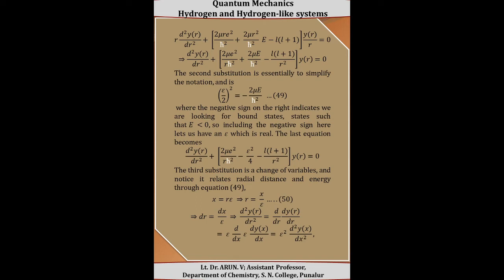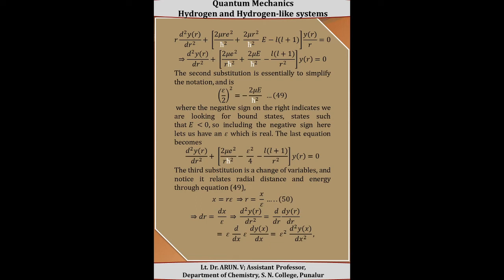Then we make the third substitution, which involves a change of variables, and notice that it relates the radial distance and the energy through equation 49. That is, we can relate ε in terms of x and r. We substitute x equal to r ε, or r equal to x/ε. This is the third substitution.